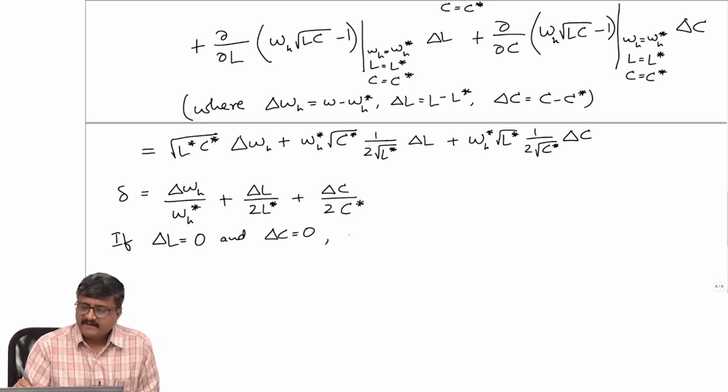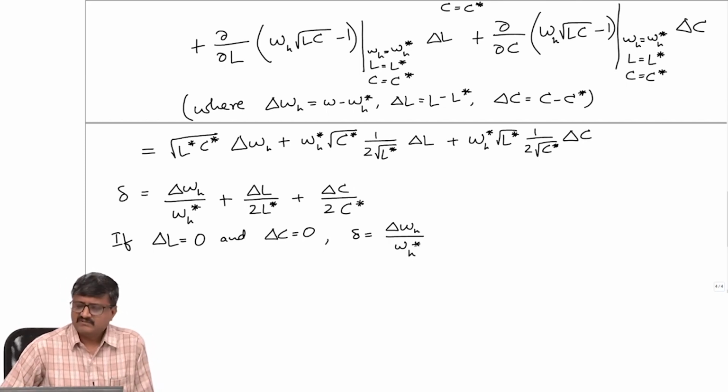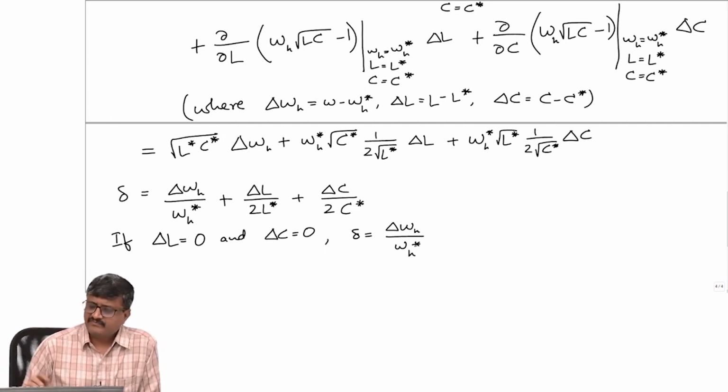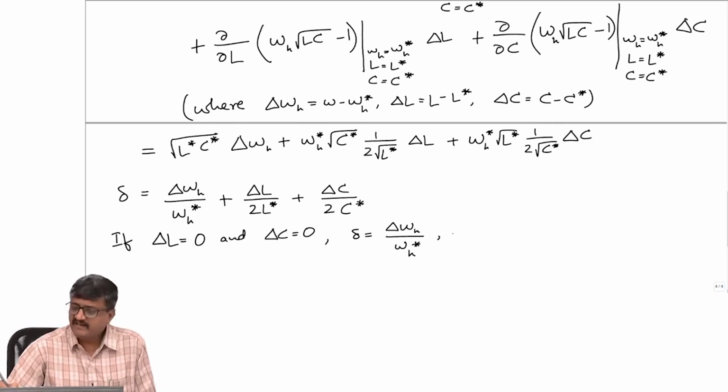Then delta can be written as delta omega H by omega H star. Now, if delta L is 0 and delta C is 0, can I relate omega HO and omega H star?